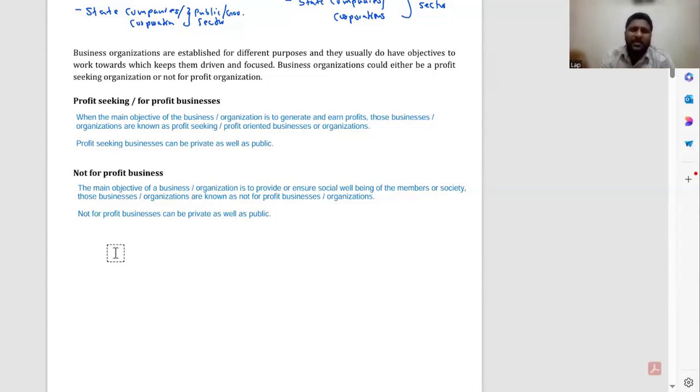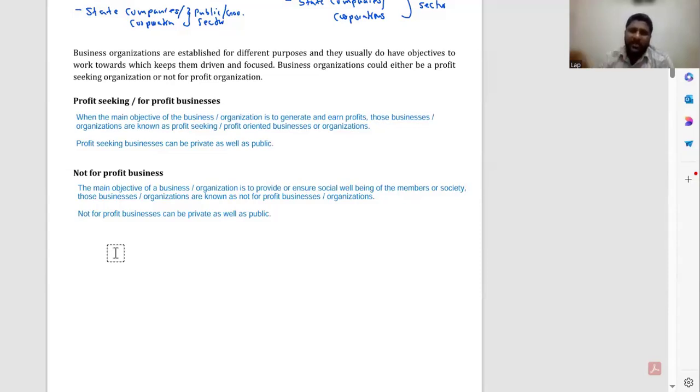Dialog, a private business, because there are private owners. LB Finance, private business. But Sri Lanka Petroleum Corporation, government business. Sri Lanka Rupavahini, government business. Education Department, government business. Railway Department, government business. So likewise, there are certain businesses owned by private owners and owned by the government.